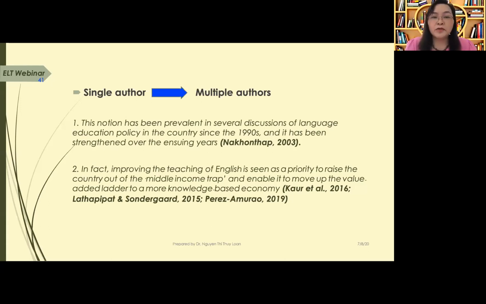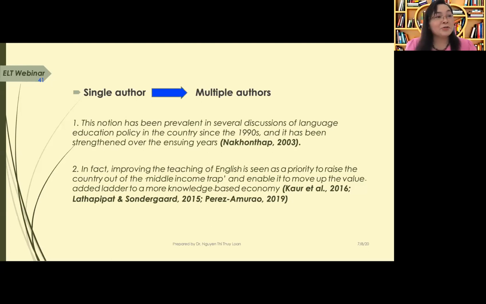And the most important thing is that you want to prove that the argument you have just made is significant, because a lot of authorities in the field also think the way you think, or agree with the way you think. So that's the difference between citing a single author and citing multiple authors.